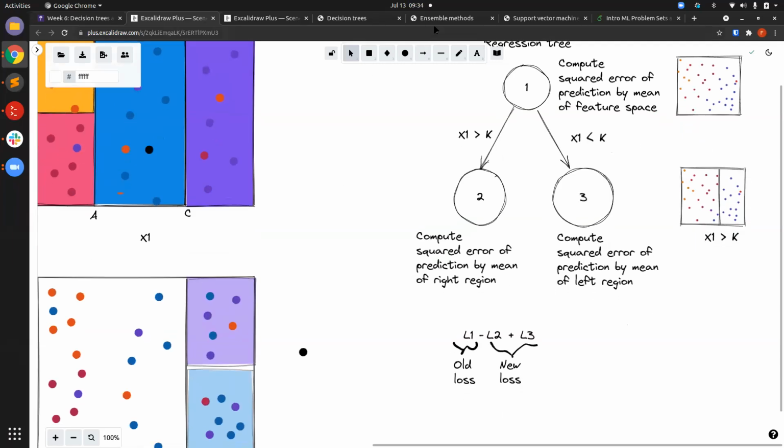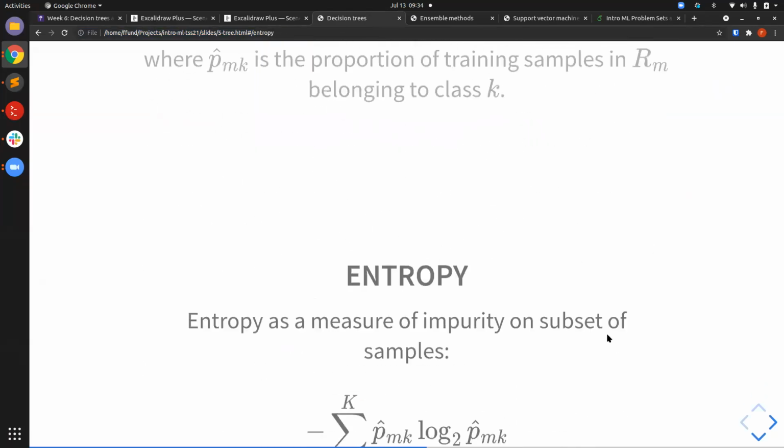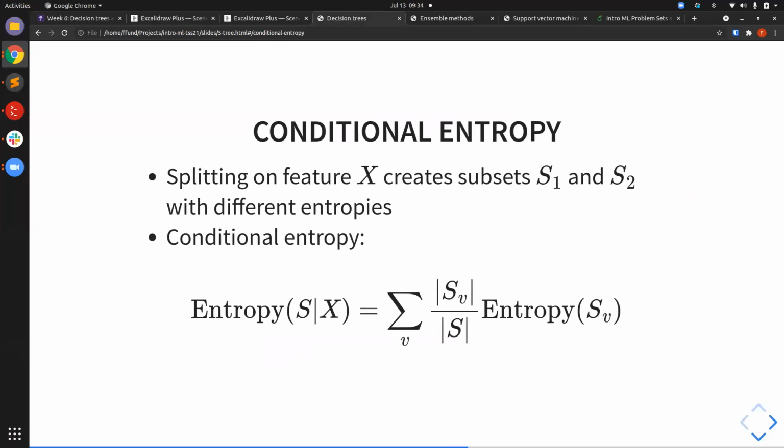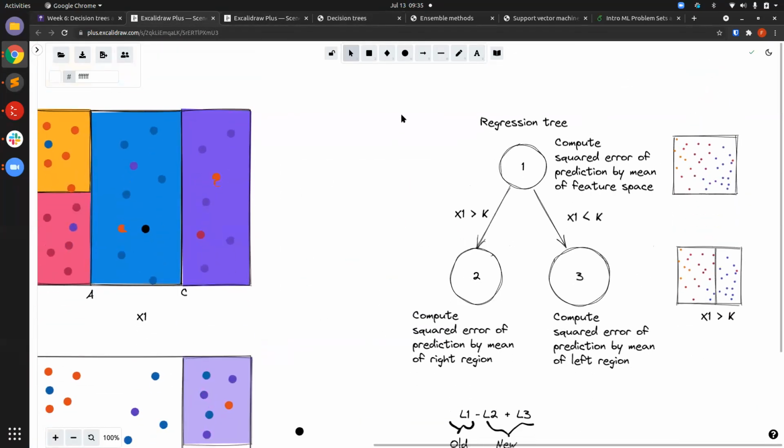For a classification tree, we said we have these measures of impurity that I'll use at every split. So we're going to do an example now using the entropy measure. Here's how it works. When I split on some feature, I create, let's say, 2 subsets with different entropies. Just like in this example here.